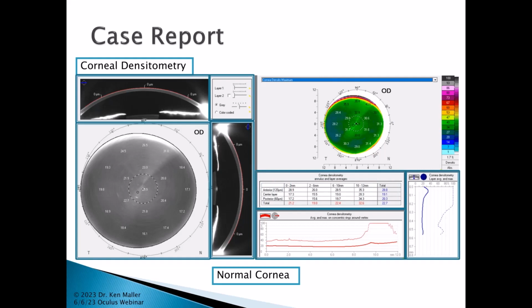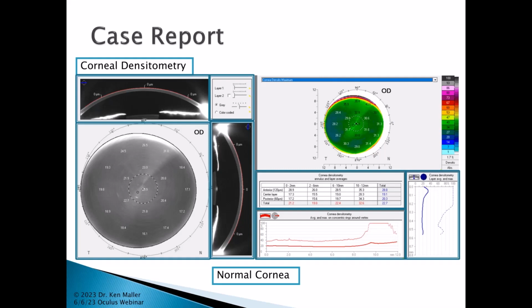Going up above here, that gives you actual numerical values. On the left-hand side, you have the anterior, center, and posterior, dividing the cornea into the top layers, the middle stroma, and then the back layers. You can see on this particular eye, the highest numbers going straight across the border are in the anterior surface, the epithelium and Bowman's membrane, which corresponds to that blue arc we're seeing on the right.